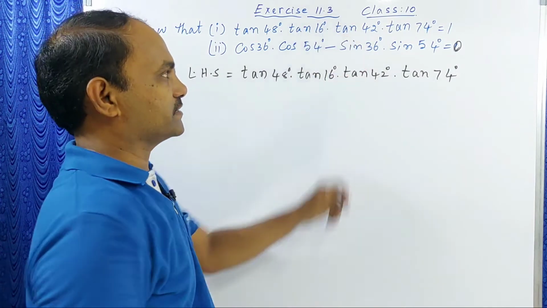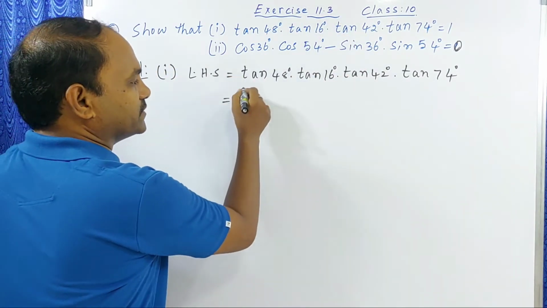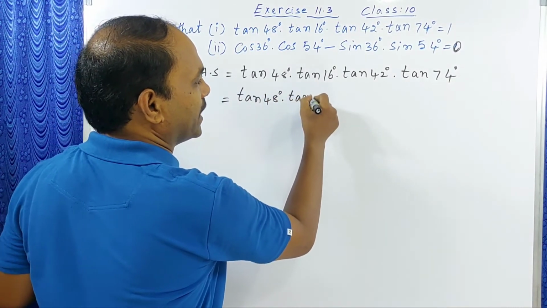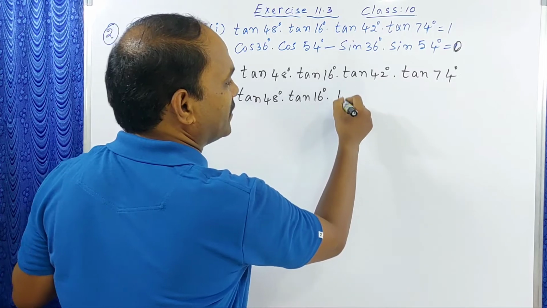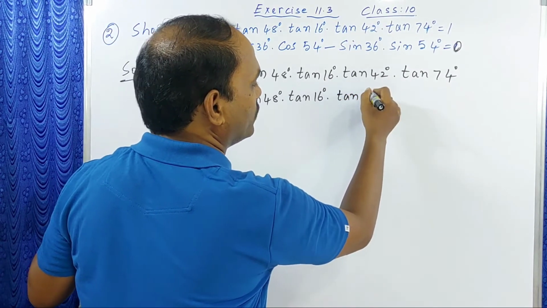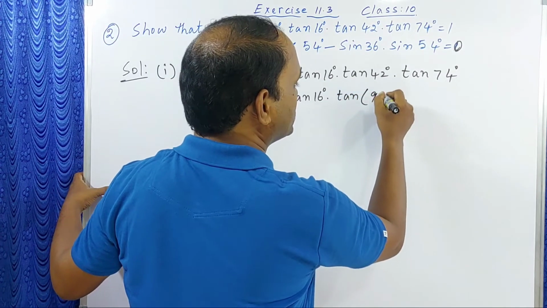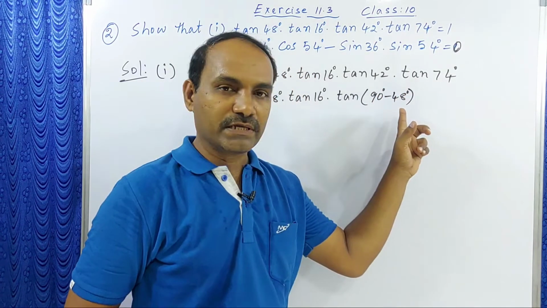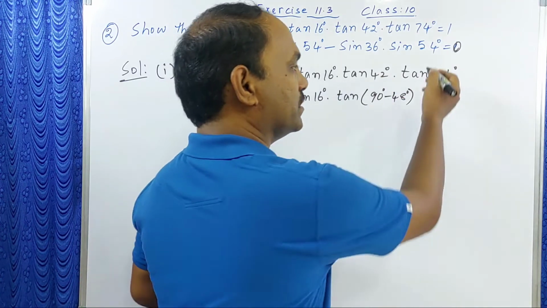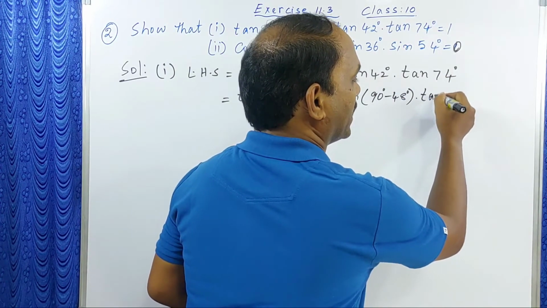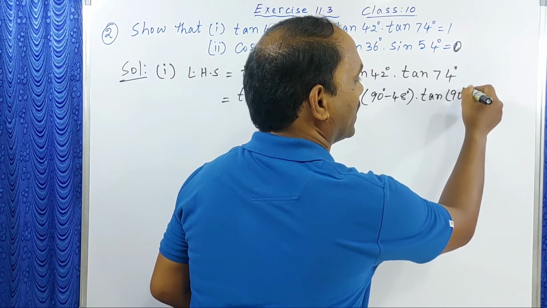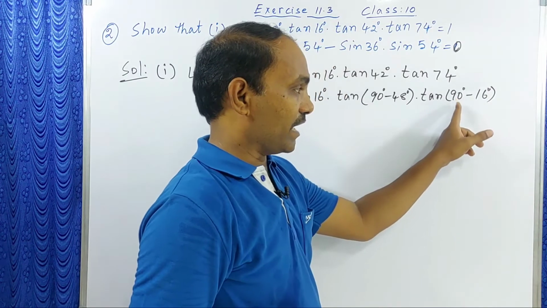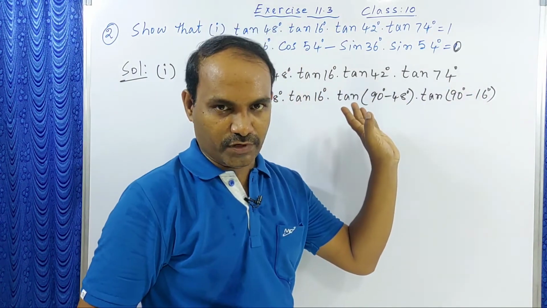So I will change this one: tan 48 degrees into tan 16 degrees. I will write tan 42 as tan of 90 minus 48 degrees, because 90 minus 48 is again 42. This one we can also write as tan of 90 degrees minus 16 degrees. Now 90 minus 16 is 74 again.